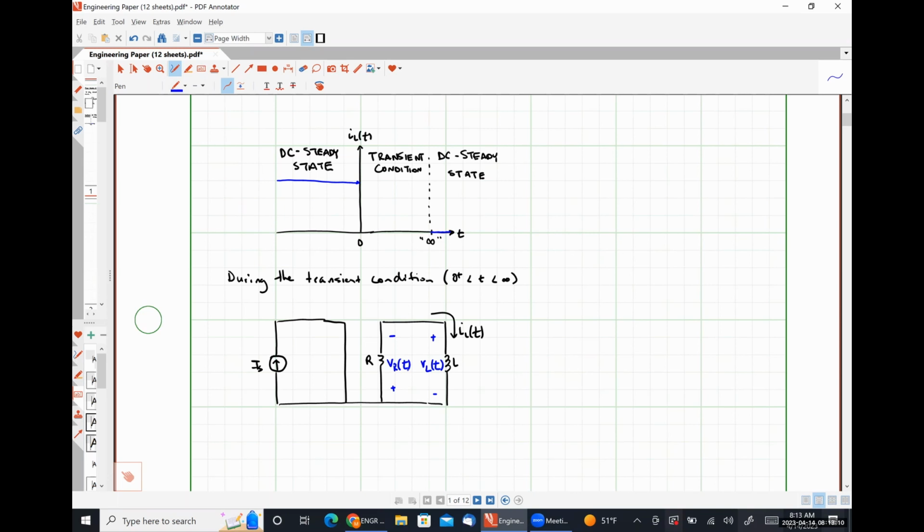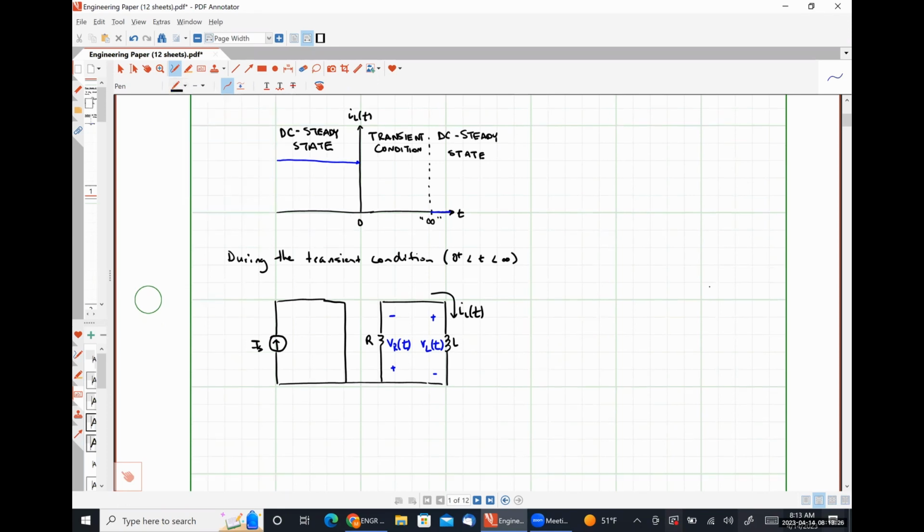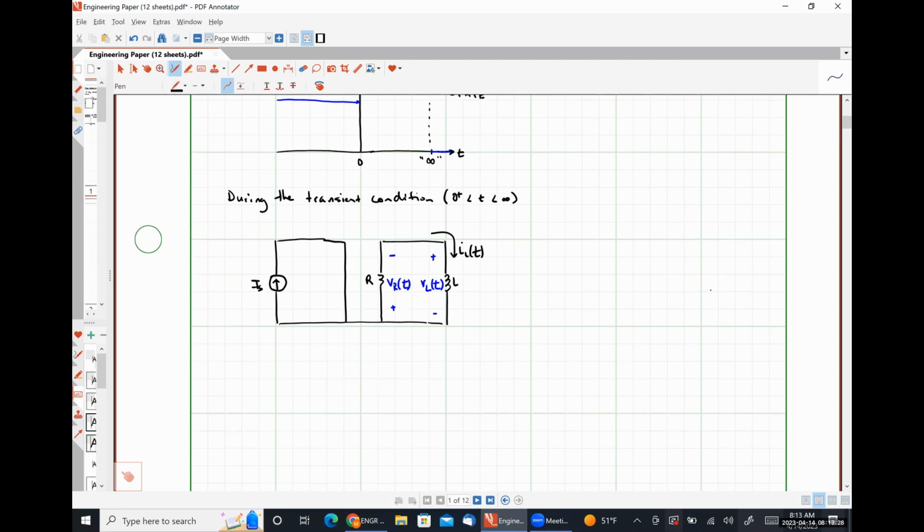And I've chosen these polarities so that my current IL is flowing into the positive polarity terminal of each of those elements during the transient condition so that I don't have to worry about weird negative signs and stuff like that. So if I write a Kirchhoff's voltage law equation, I can see pretty easily that VR plus VL must be equal to 0 during the transient condition.